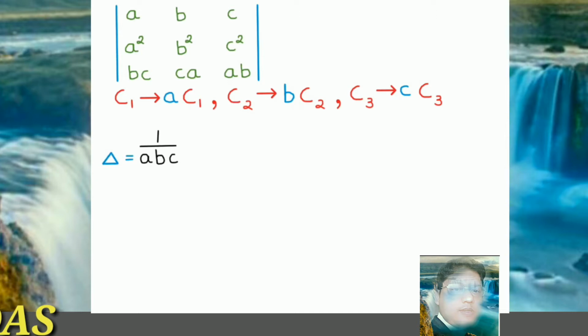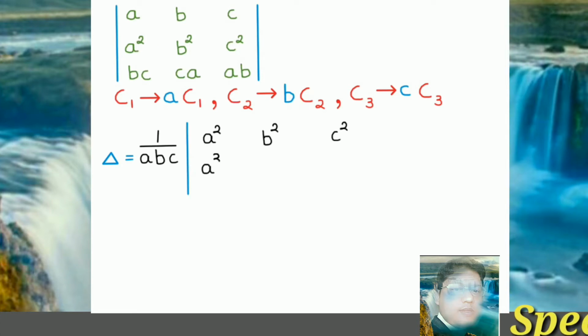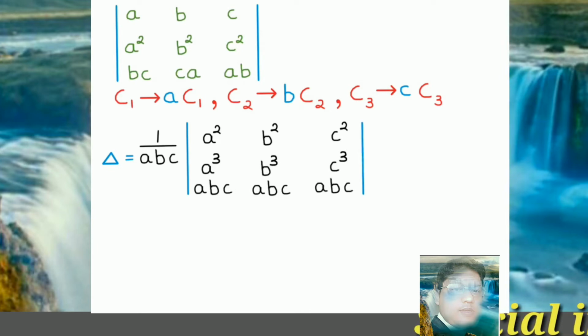Since I multiply, I also divide. So, my students, in this case we have A square, B square, C square; A cube, B cube, C cube; ABC, ABC, ABC. So my question becomes like this.